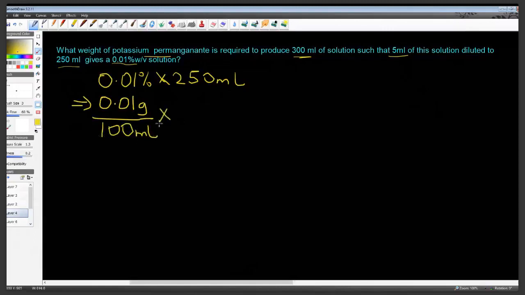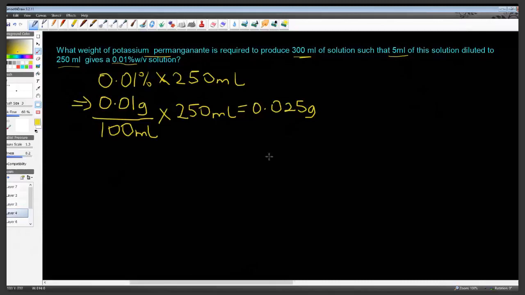So if we multiply that by the volume we prepared, that gives us the amount of potassium permanganate in the diluted preparation. On the calculator, if we do this real quick, it's going to give us 0.025 grams. So that's how much potassium permanganate is actually in the diluted preparation.